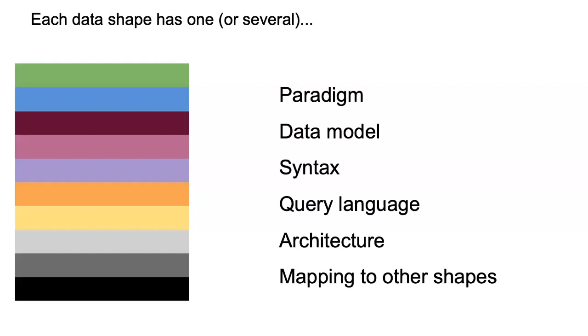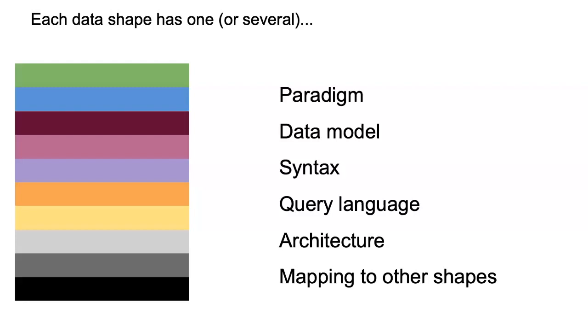For example, in trees, you have the JSON data model, you have the XML data model. These are both trees, but they are not exactly the same, right? So data models, syntaxes, query languages, not the same depending on the shape, and an architecture on how you actually implement this. Can be on top of a single machine, a laptop, but it can also be on top of a data center with thousands of machines.